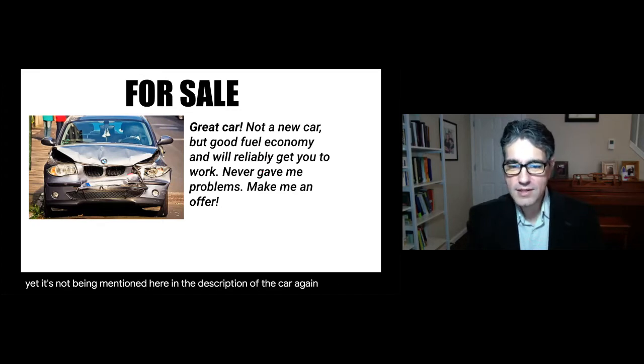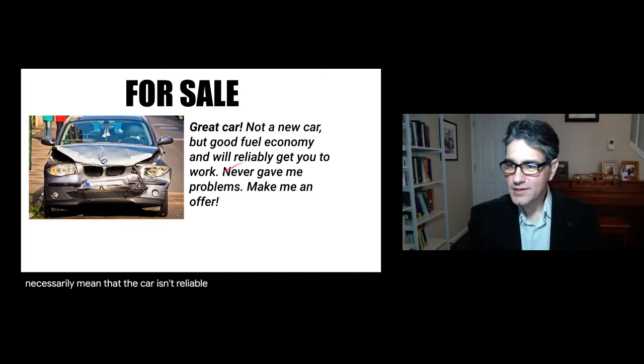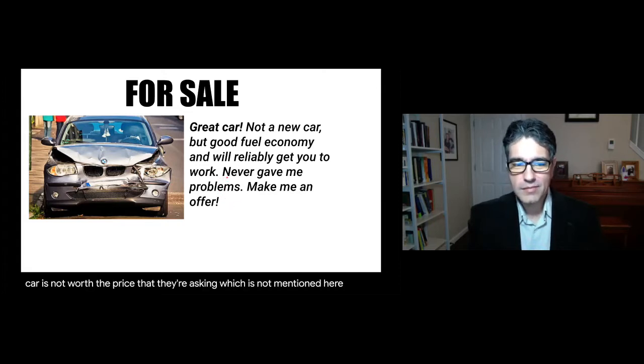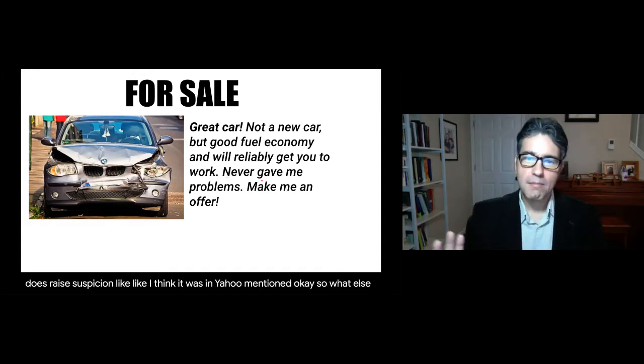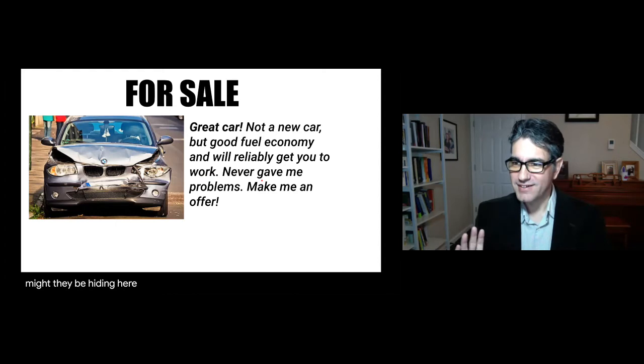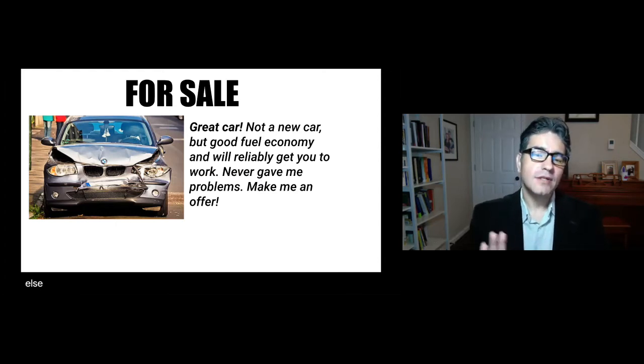Again, that doesn't necessarily mean that the car isn't reliable. It doesn't necessarily mean that the car is not worth the price that they're asking, which is not mentioned here. But it does raise suspicion. What else might they be hiding here? Here I'm just seeing a photograph of the front. What else could there be that they're not talking about here?